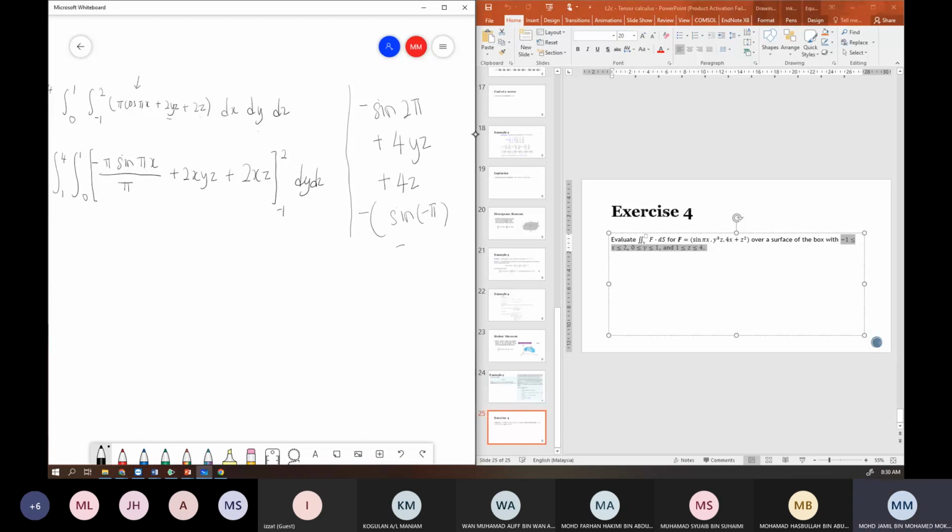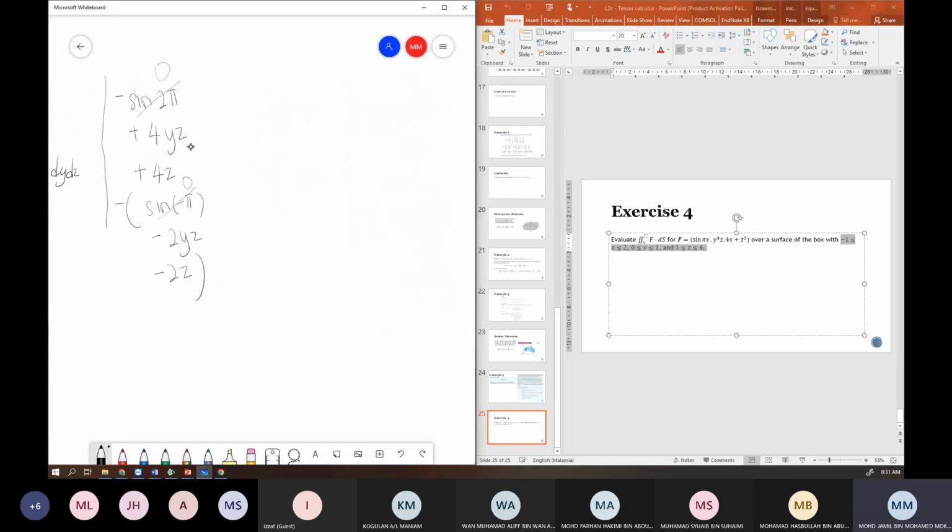Sine pi is 0, and sine negative pi is also 0. So we have 4yz plus 4z, and minus minus 2yz becomes plus 2yz, and minus minus 2z becomes plus 2z. So we get 6yz plus 6z. Hopefully that's correct.